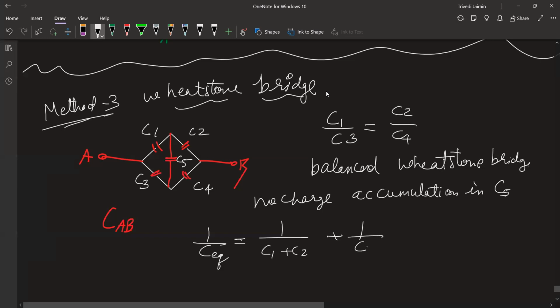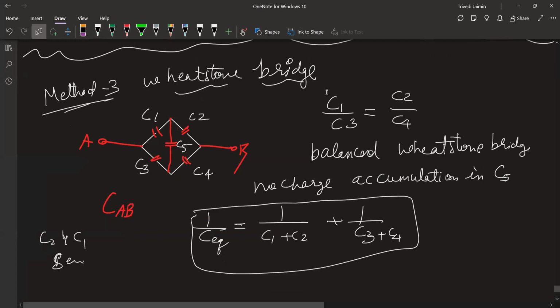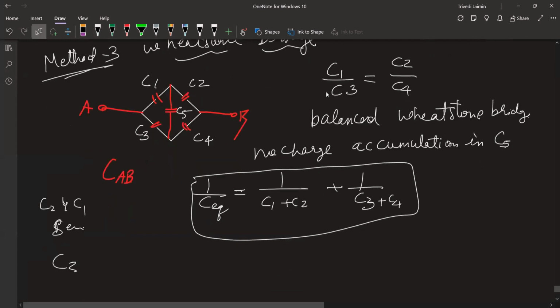Plus 1 by C3 and C4. Okay, see, if you can't understand this one, let it be, don't worry. Just make C1 and C2 parallel, sorry, series. And C3 and C4 series. And those two series are in parallel. Simple.